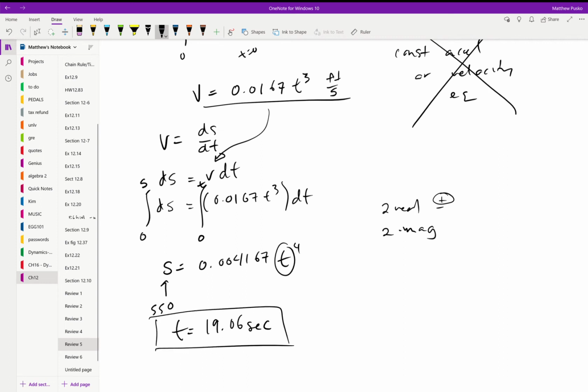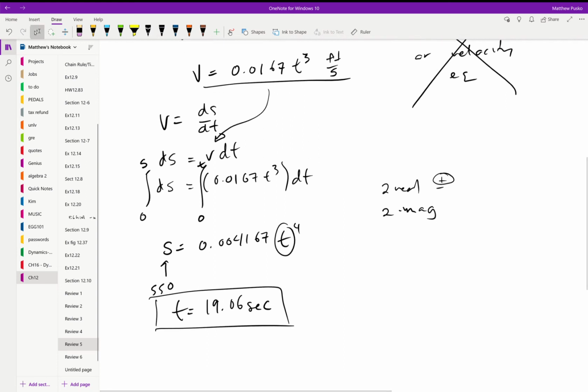Now they didn't ask for that, but we're going to use that and plug that back into our velocity. If it traveled for that long and we have a function for its velocity, velocity at t equal to 19.06, we can figure out how fast it's going, and that's one of the things they asked.